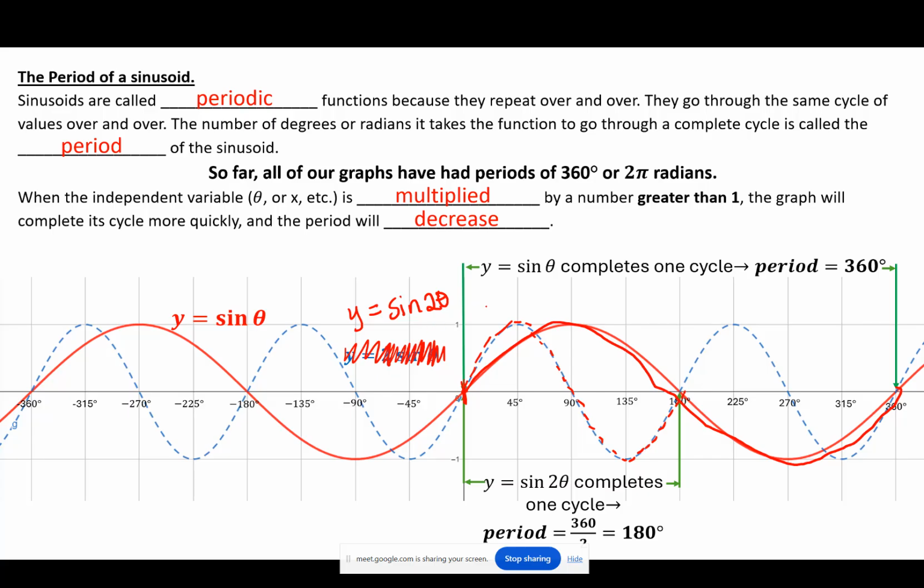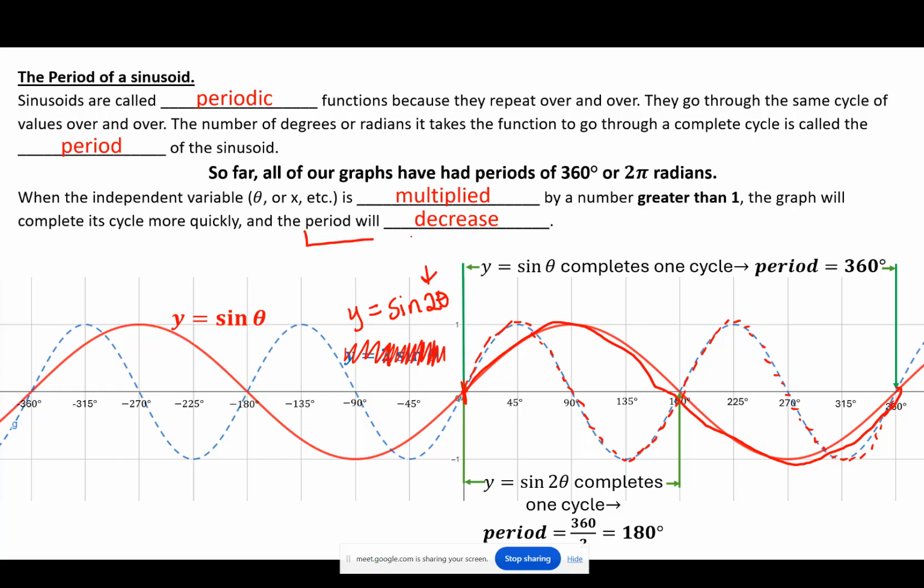If you look at that, what it tells you is that this particular curve will complete 2 cycles in 360 degrees. It's going double time. And so that means that the period has decreased. Now that sounds confusing, right?